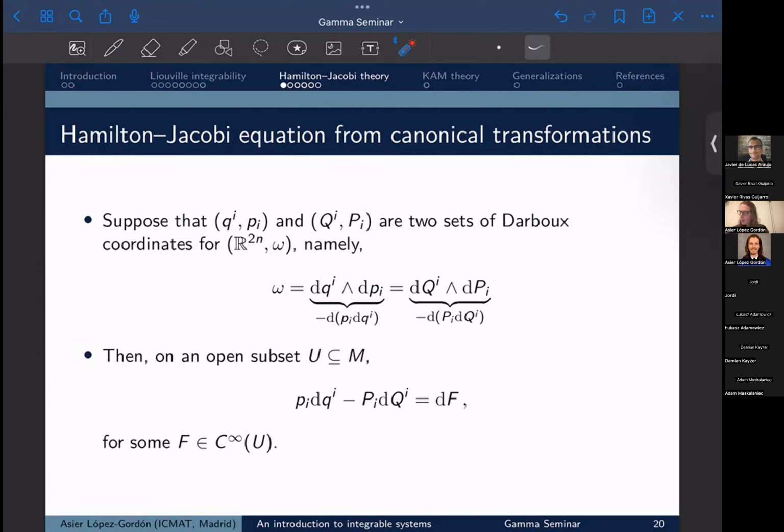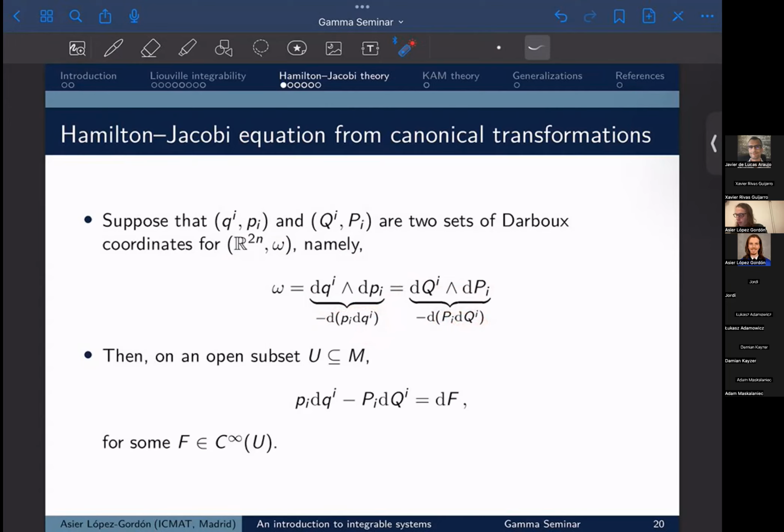Well, okay, so suppose that we have two sets of Darboux coordinates. For simplicity on R^2n, but I think this would essentially work on a symplectic manifold too. Then this means that we can write the symplectic form either in this way or this other way, or what is the same as minus the differential of this one-form or this other one-form.